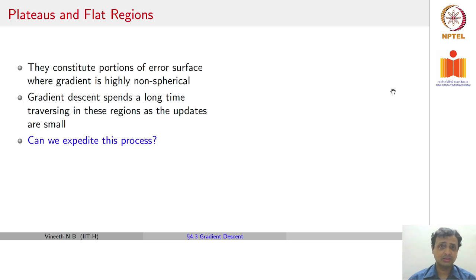That brings us to another facet of understanding how to train neural networks: plateaus and flat regions. Plateaus and flat regions constitute portions of the error surface where the gradient is highly non-spherical. What does this mean? When we say non-spherical, it means that each dimension of the gradient has different values.